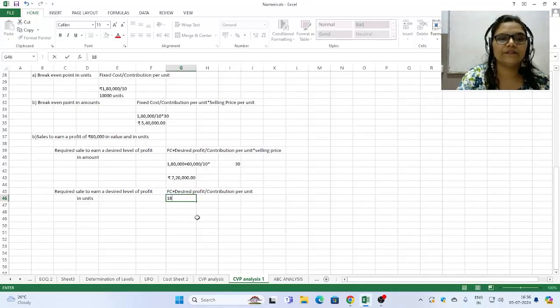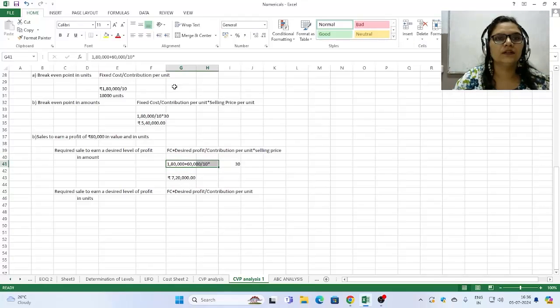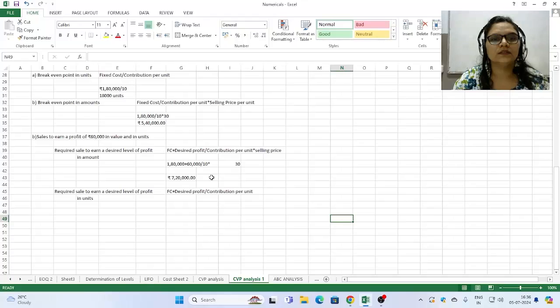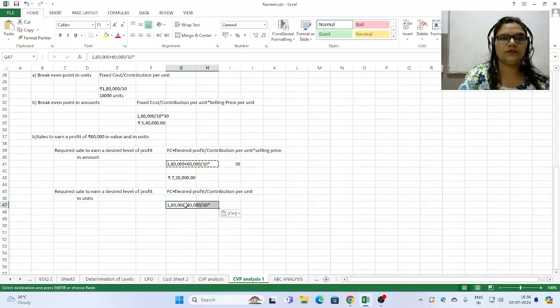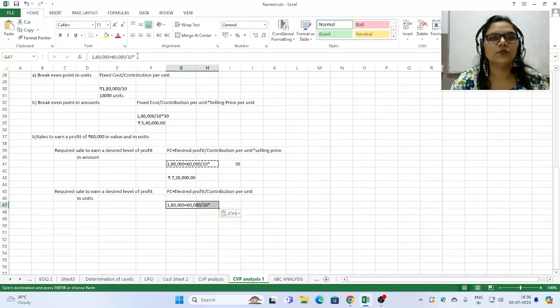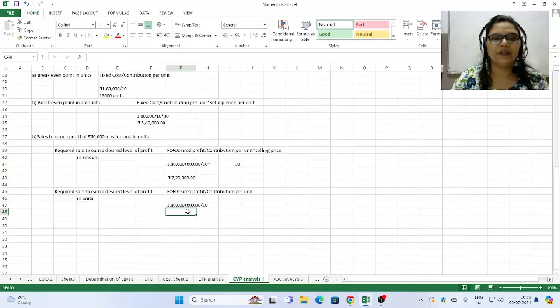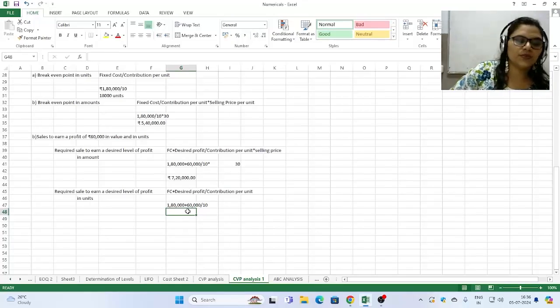Simple, in order to save time, I will copy this formula and remove multiplication. Just remove the multiplication sign from here and we will get the desired value, which is 24,000 units.